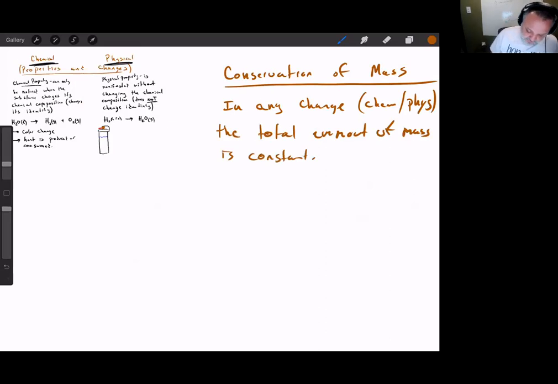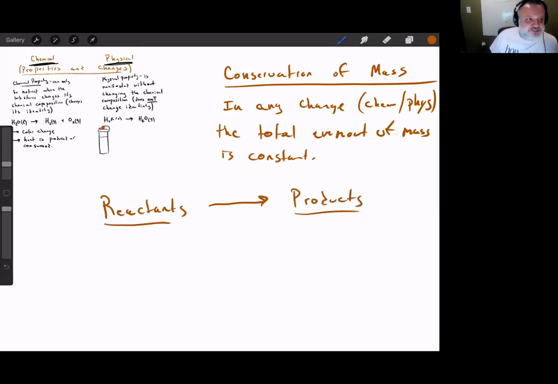So that means that in general, I describe all changes this way. I have some reactants and they change to products. It doesn't matter if I'm talking about a physical change or a chemical change.